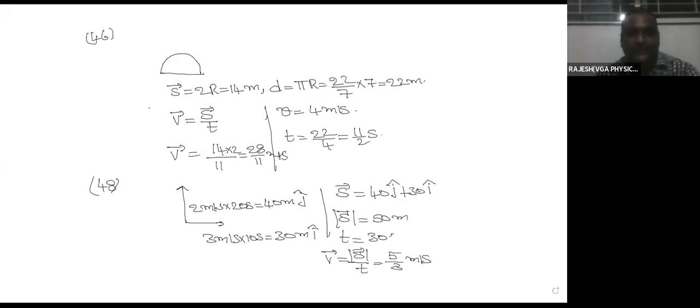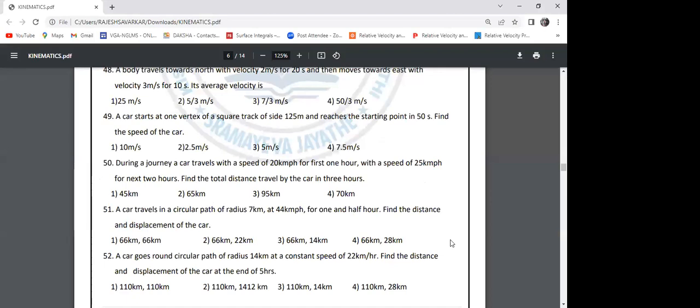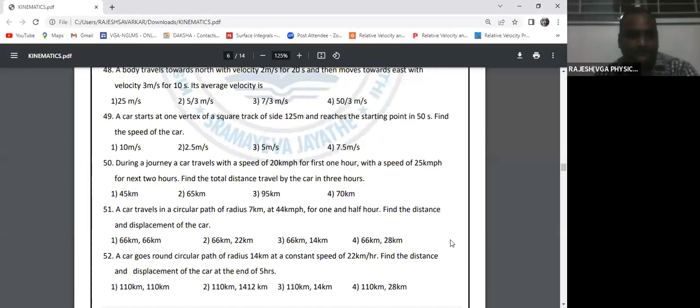The next question, a car starts at one vertex of a square track of side 125 meters and reaches the starting point in 50 seconds. Find the speed of the car.